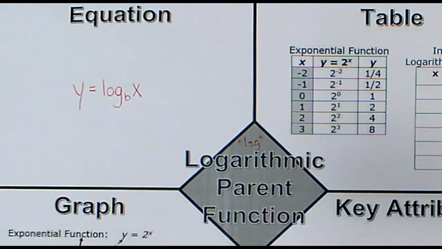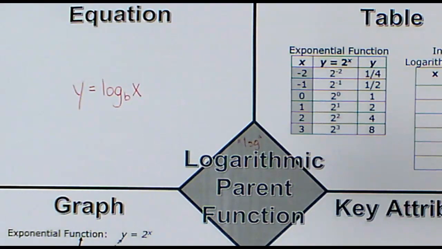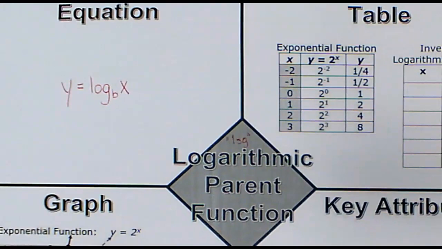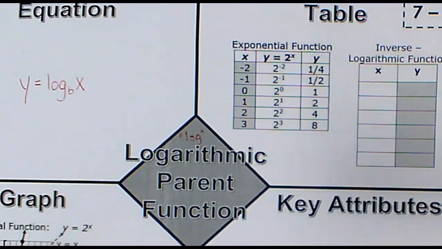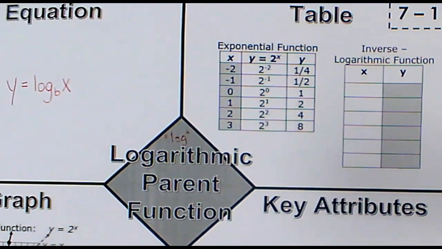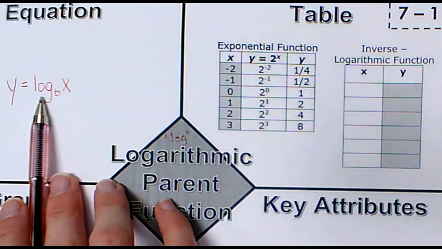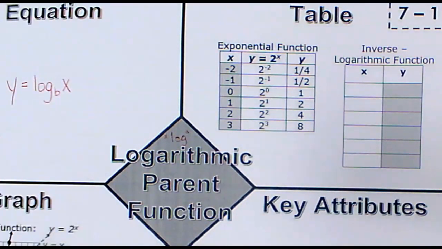Now it doesn't make much sense now. It'll make a little bit more sense in the next lesson when we talk about switching between logarithmic and exponential form. But the table is easy to find.